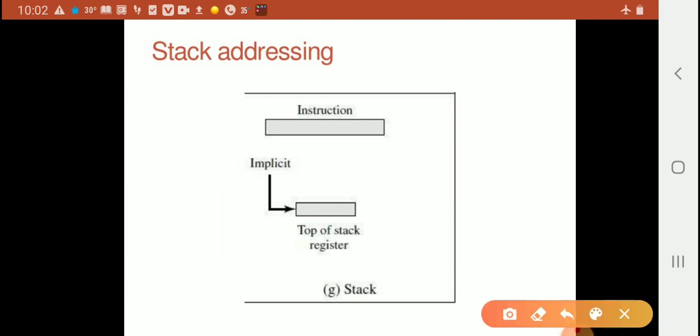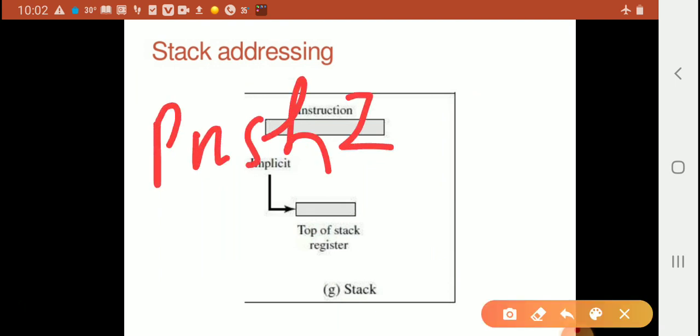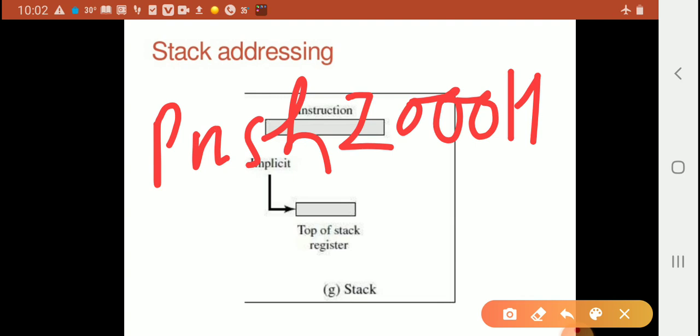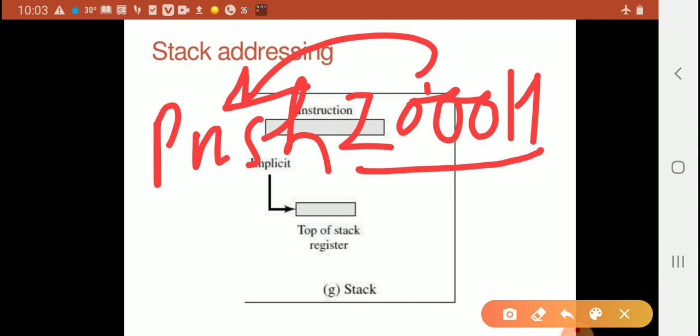For example, PUSH 2000H data. That means the 2000H data is executed by the push instruction.